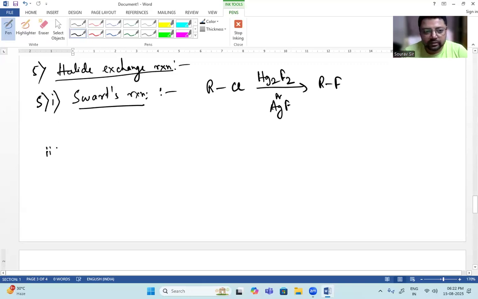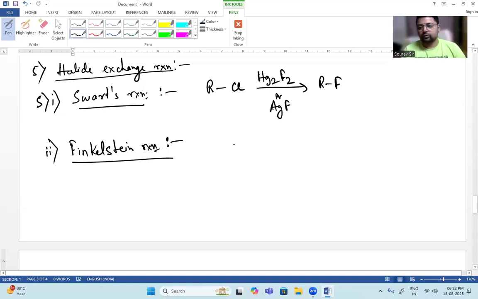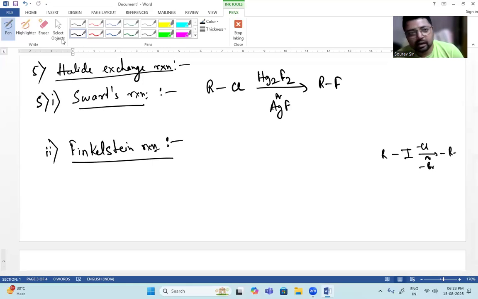Next one is the Finkelstein reaction. So in the Finkelstein reaction, what do we know? We know that if you have iodides, you can use Cl or Br to replace that iodine.